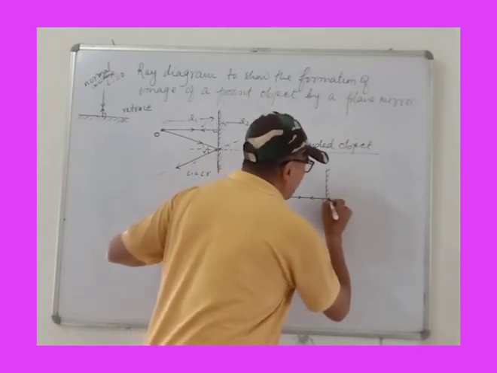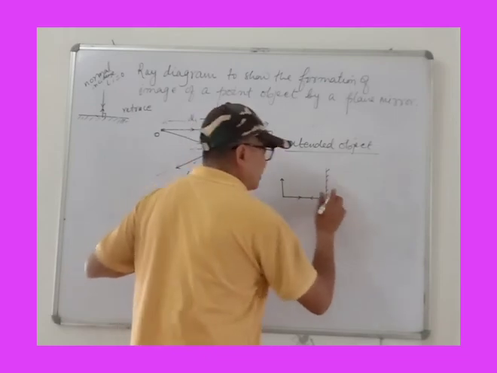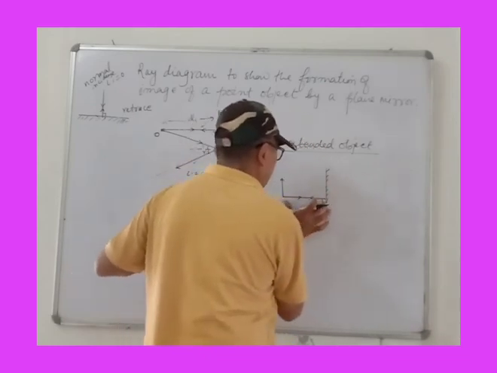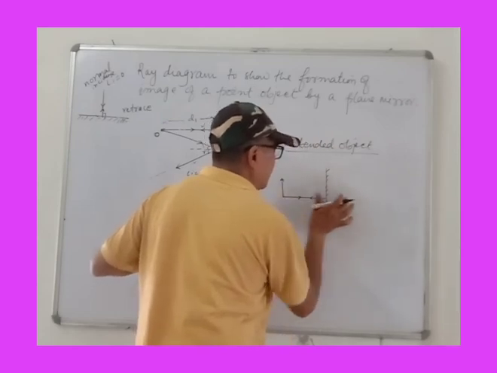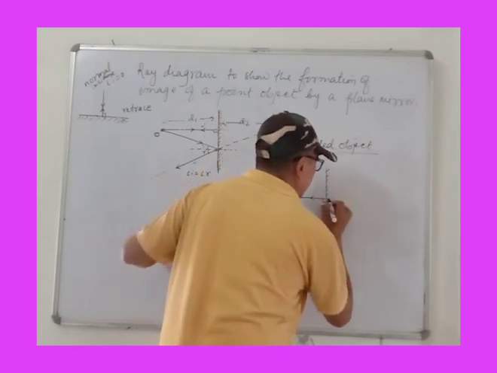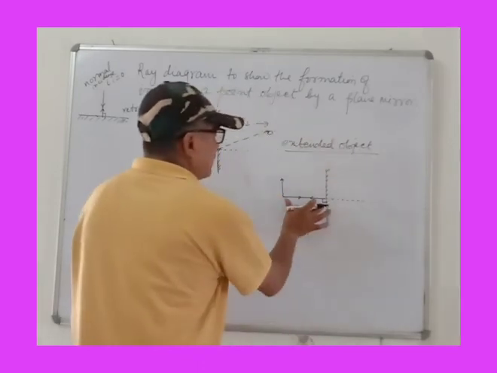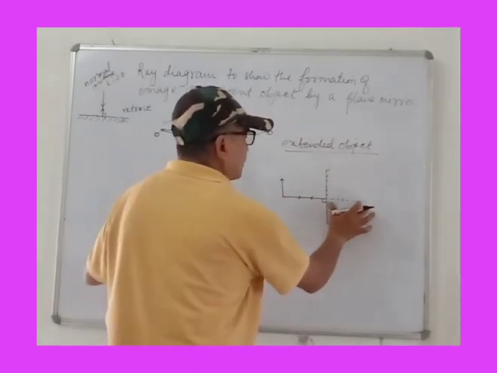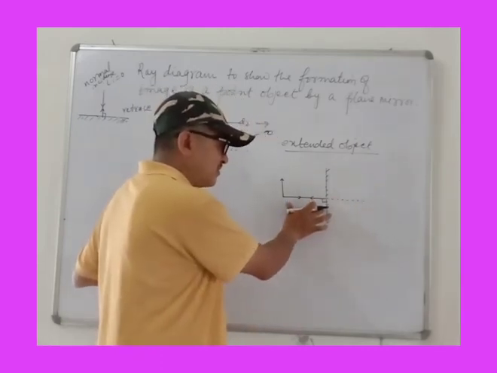Let us produce it backwards by the same distance, like this, and this. Clear? You can measure with a scale in centimeters.